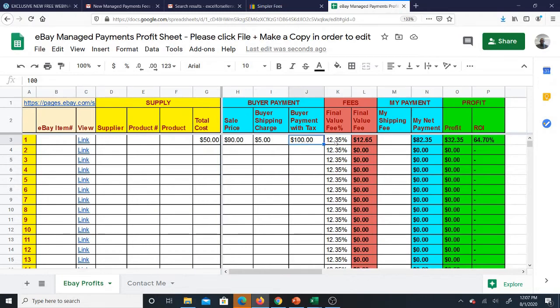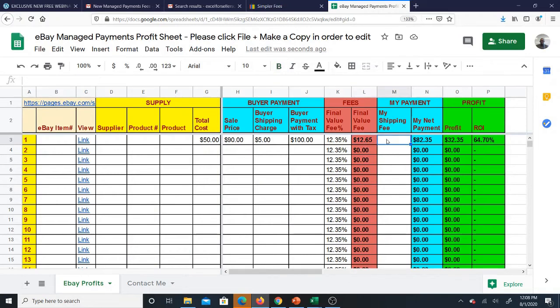So they're going to take the 12.35% of this amount. And then the final value fee will come out to be $12.65, because don't forget they're also adding a 30 cents, 0.3, transaction fee. So 12.35% of 100 is $12.35 plus 30 cents, $12.65 final value fee.